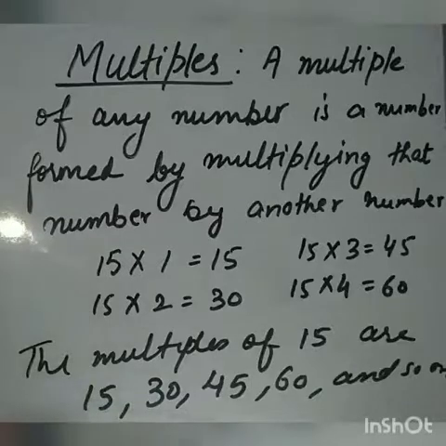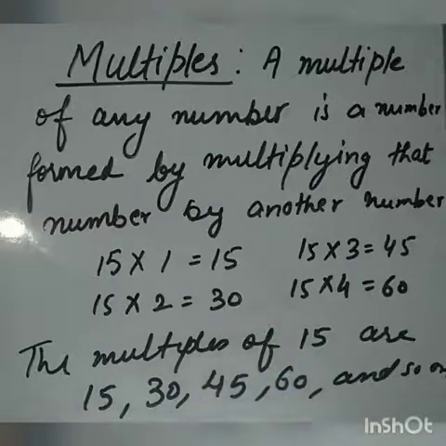Number 3, every multiple of a number is greater than or equal to that number. In the multiples of 15, every number is greater than 15 and only one number, 15, is equal to 15. Number 4, the number of multiples of a given number is infinite.